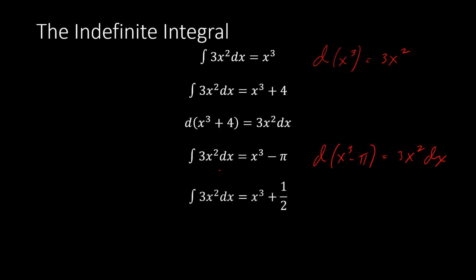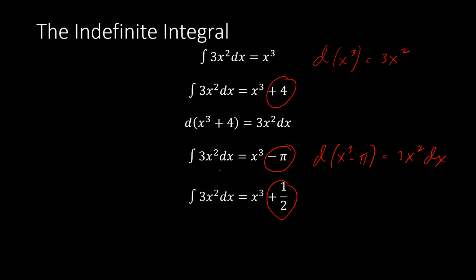Still another solution is x cubed plus 1 half. The same thing, if we get the differential of x cubed plus 1 half, it will give us 3x squared dx. So notice that all these solutions differ only in the constant.